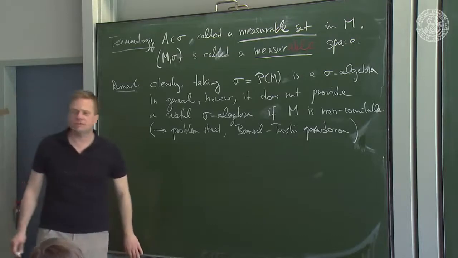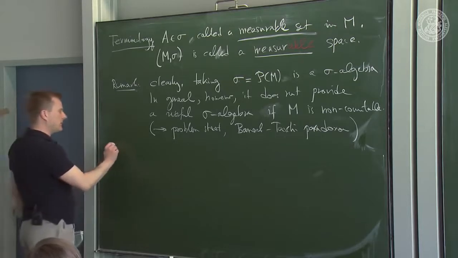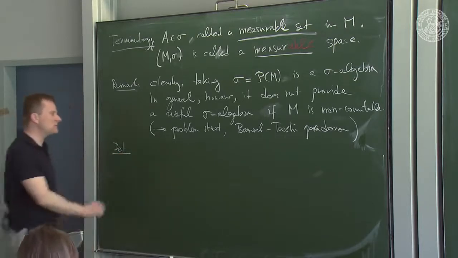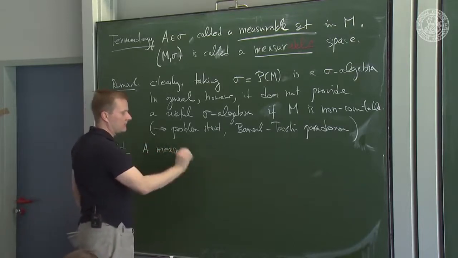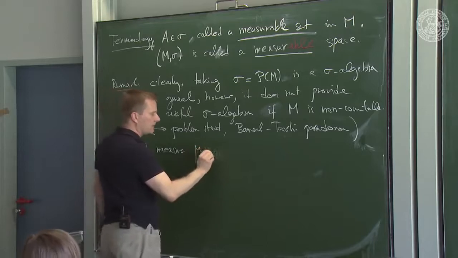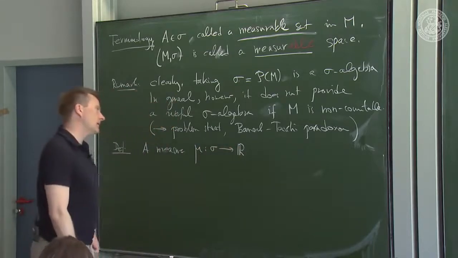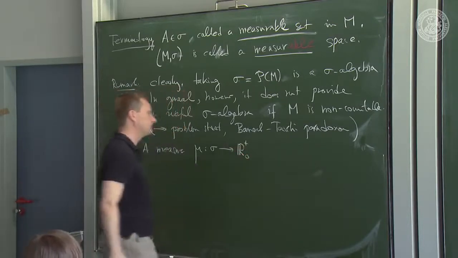Okay, so fine. This is a definition, and we breathe life into it by the following definition. A measure mu from sigma to R, well, I think we want R plus 0.